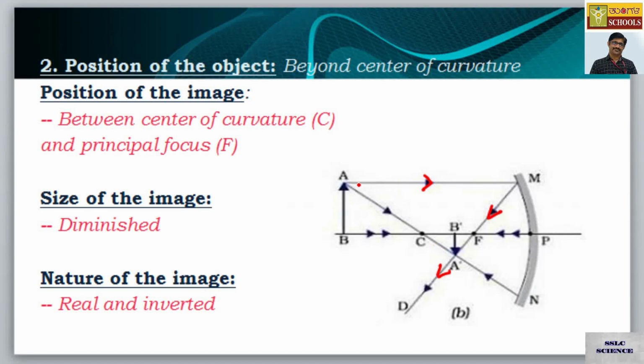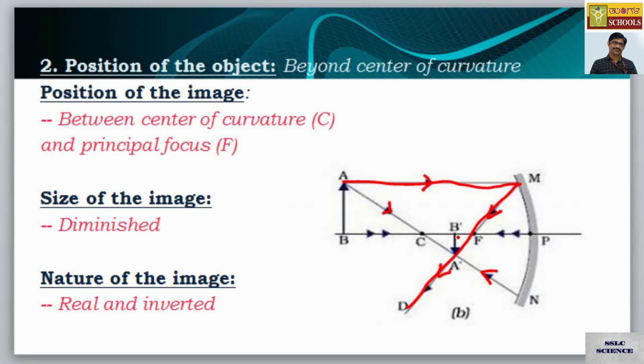The ray which is moving parallel to the principal axis should pass through F like this, and on the same point, the light ray which is passing through the center of curvature C, after reflection, is hitting and coming back to C, and it is moving like that.